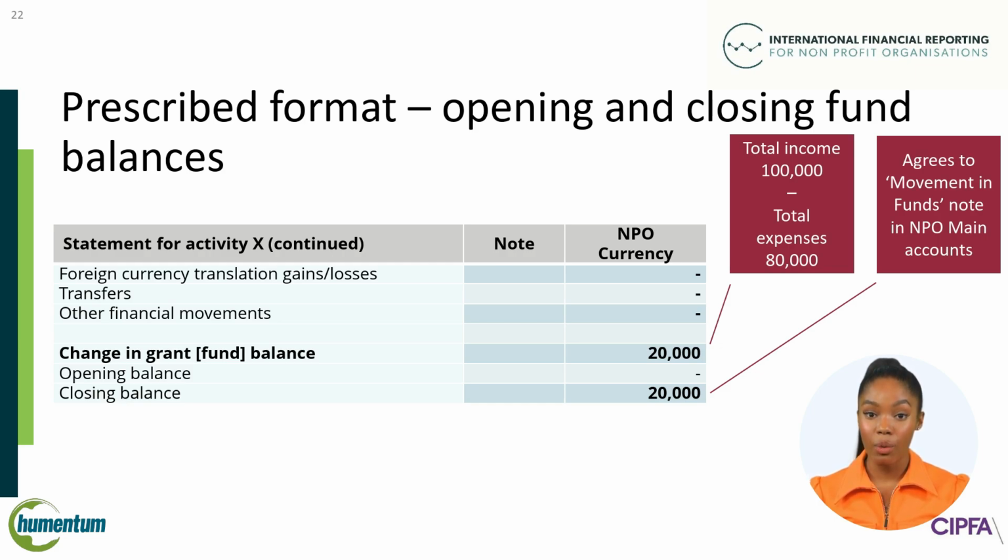Below that, we see the opening and closing fund balances, which must agree to the main NPO accounts. In this example, the income of 100,000 minus expenses of 80,000 results in an increase in the fund balance of 20,000. The opening fund balance is 0, so the closing fund balance is 20,000.